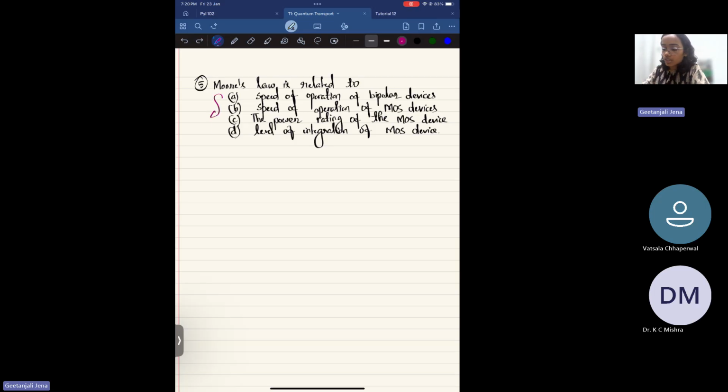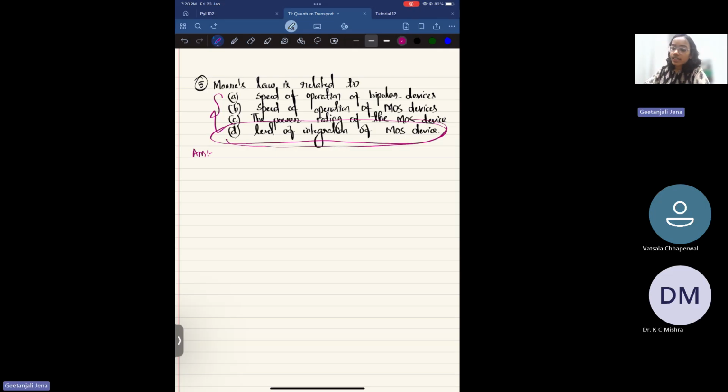Which one of the following do you think is related to Moore's law? The correct option is option D.